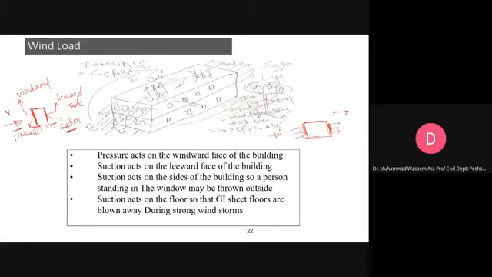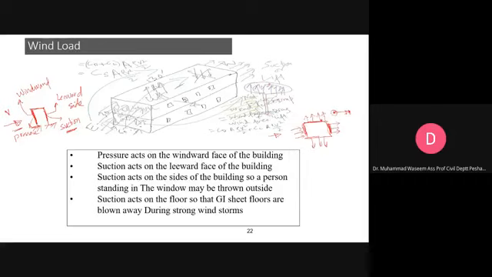Over here we have suction. To this side we experience the pressure, and similarly the sides of the building will also experience suction. Just remember that this represents suction. If you are facing this point, this is pressure. If you are facing this point, this we call suction.